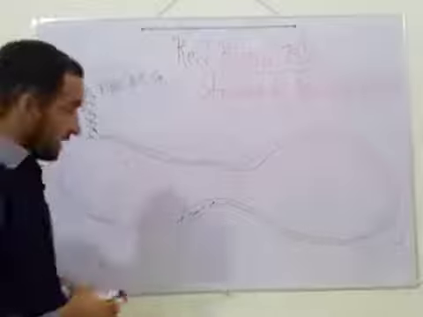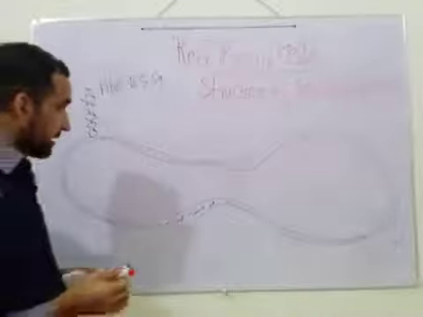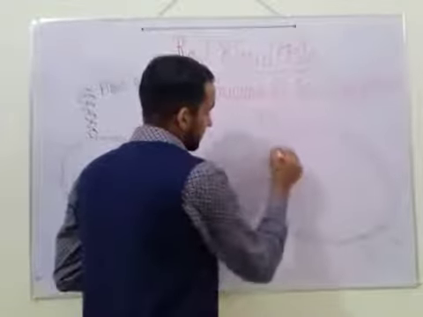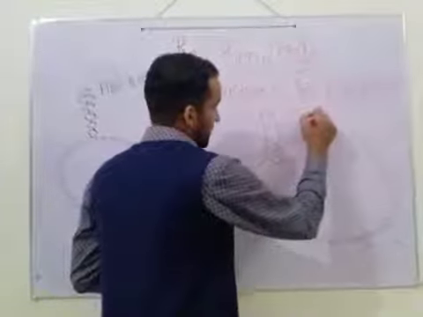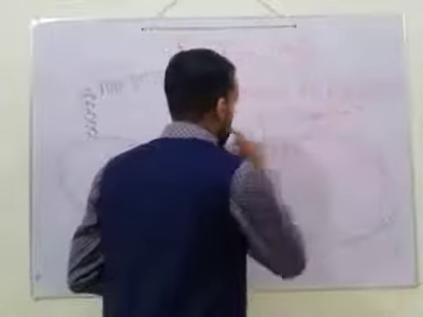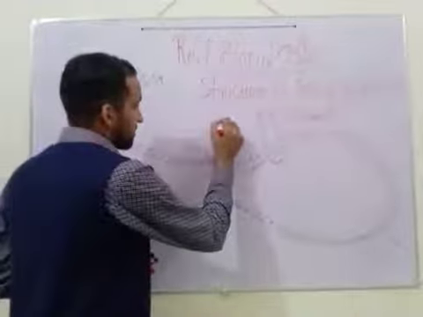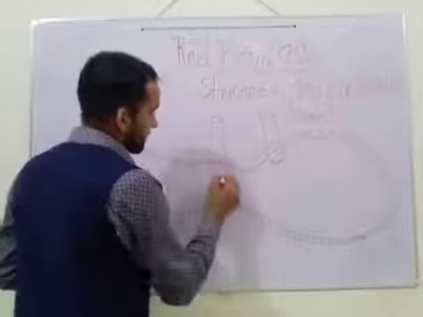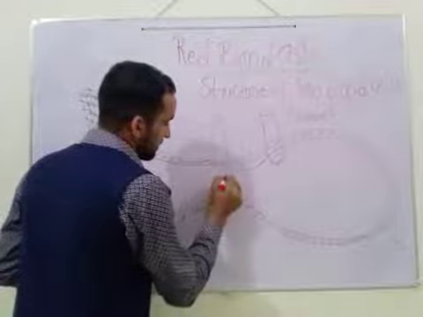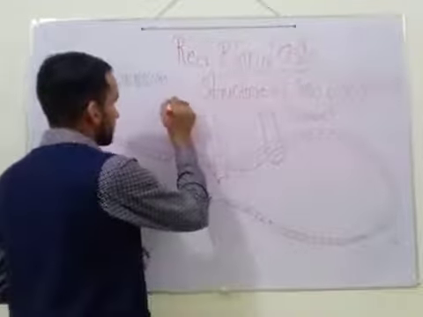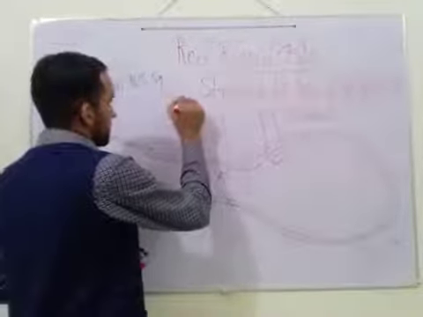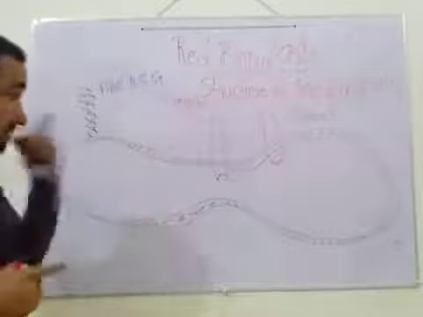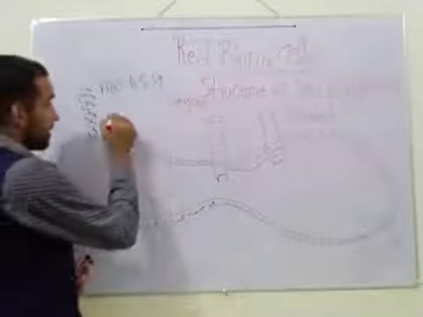And the red blood cell membrane has different types of channels and different transporters present on the surface membrane. For example, this is a transporter present on the cell membrane of red blood cell, and specialized ion channels.